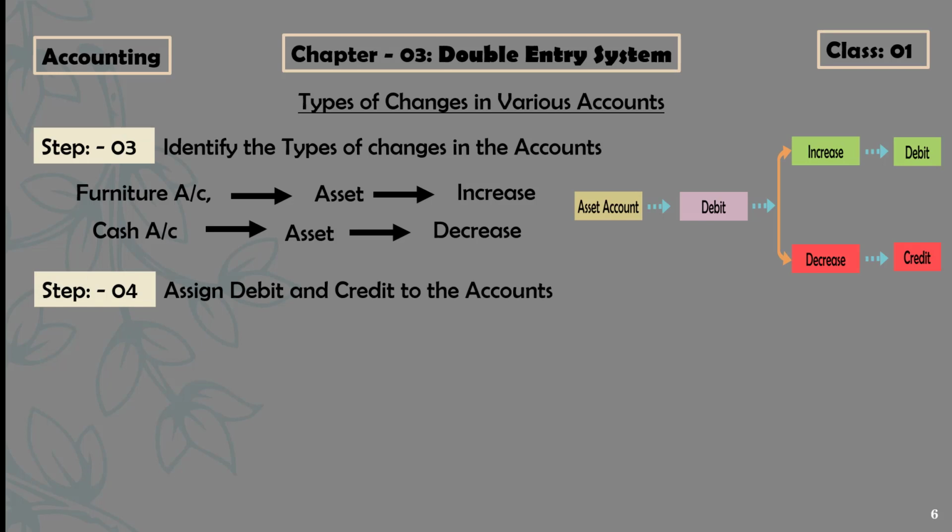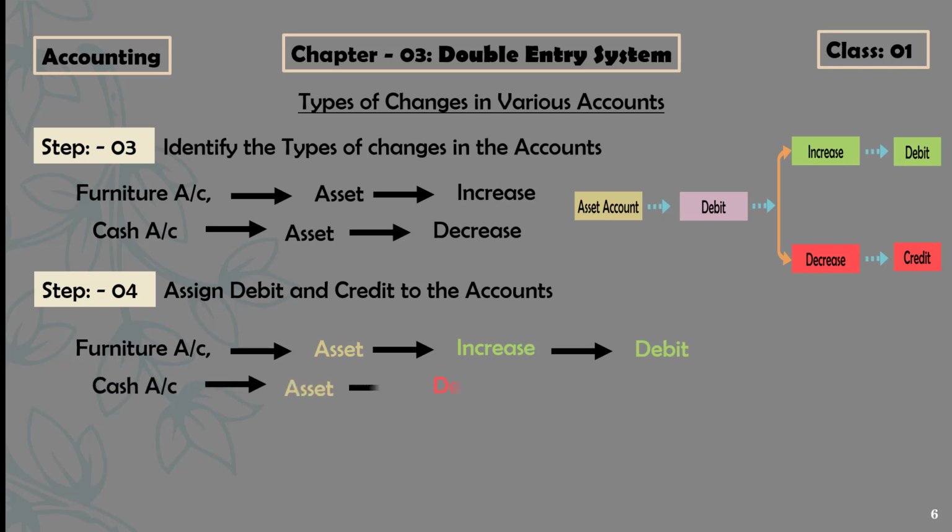Now step 4, we will assign these two accounts into debit and credit. Furniture account is an asset account and it increases because of our transaction, so it will be debit. Cash account is an asset account and it is decreased, so we will assign it as credit.